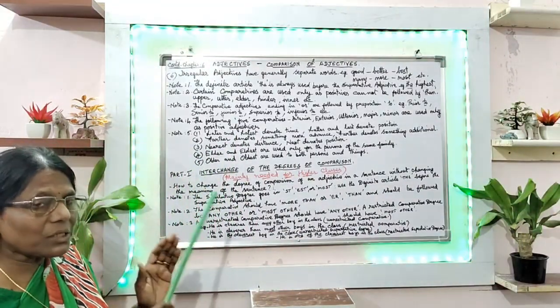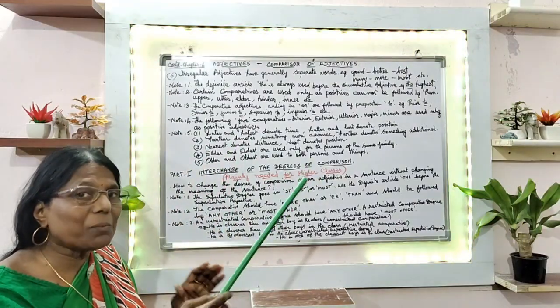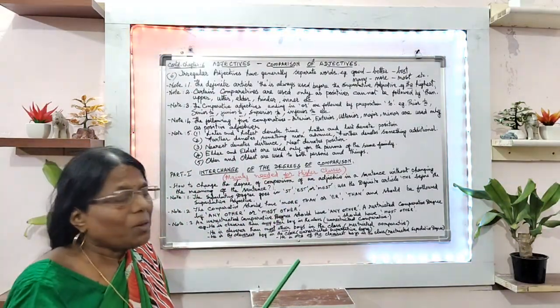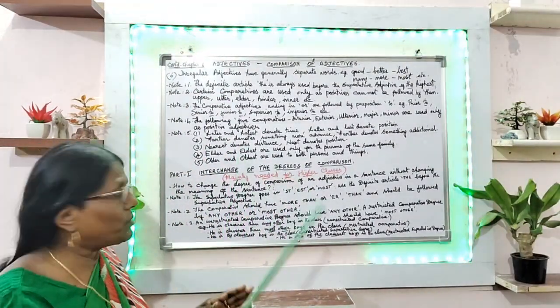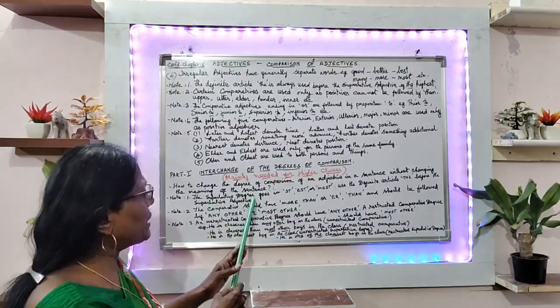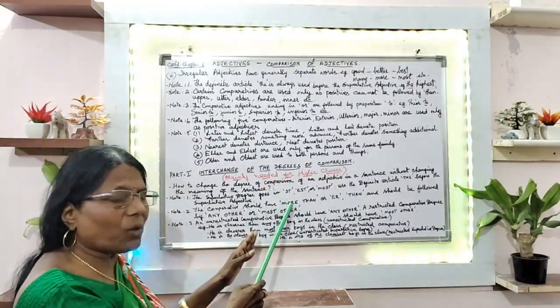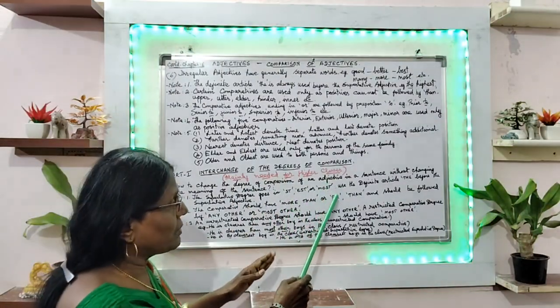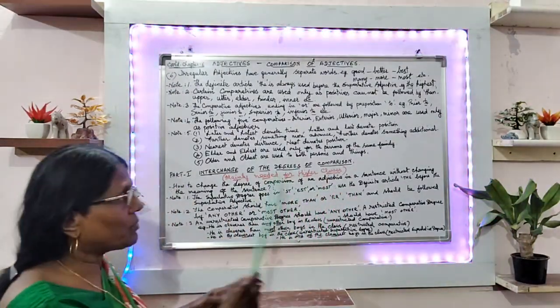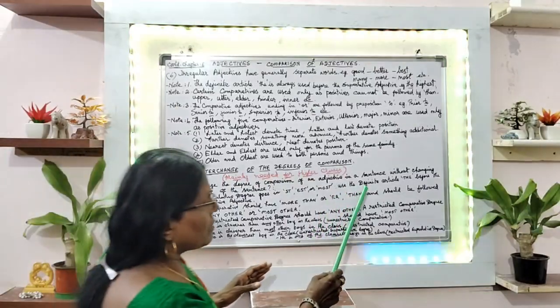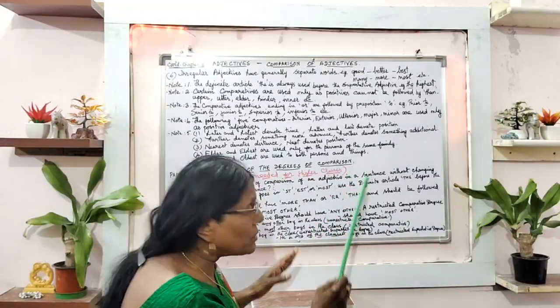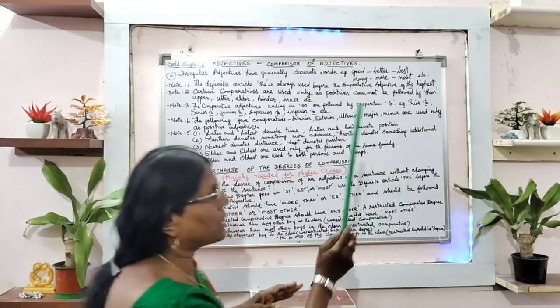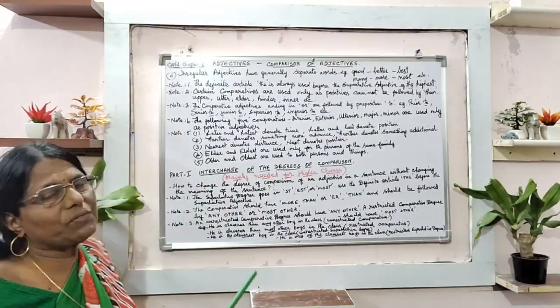In English, if you put the words here and there, the meaning itself will change. But here you have to be careful about it. The superlative degree goes, as you know already, -st, -est, and we use "most". These are the usages of the superlative degree, using the definite article before the superlative adjective.